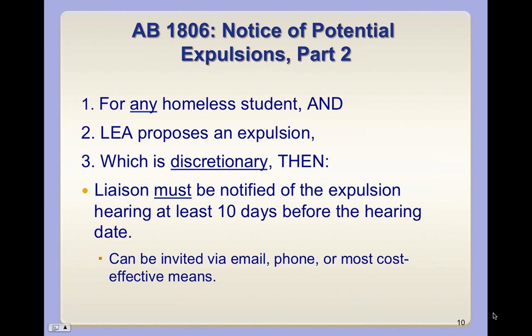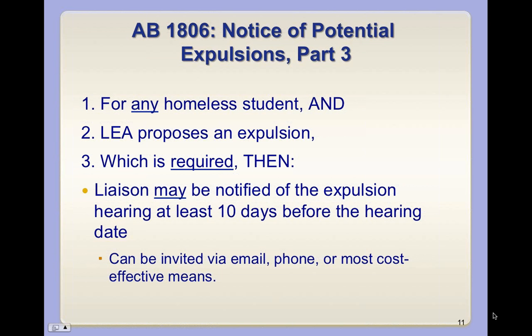For those of you who maybe aren't so familiar with how expulsions work, I assume that most of you are, but actually there are code provisions in the education code that define when an expulsion is discretionary and when it is mandatory. So that's where these words discretionary come from. So if you've got a discretionary expulsion that may be taking place, there is a requirement to notify the liaison of that hearing so that they can provide information or participate if they wish.